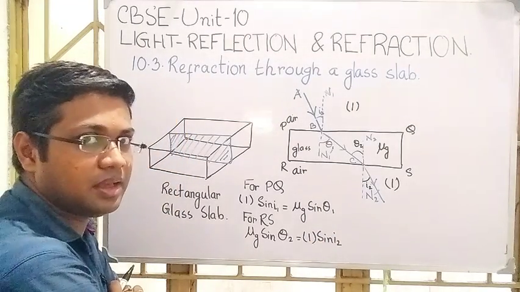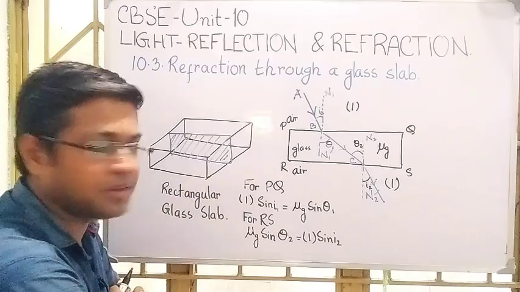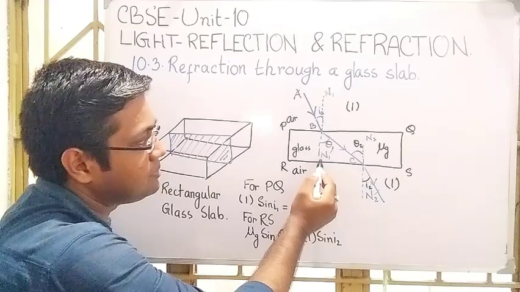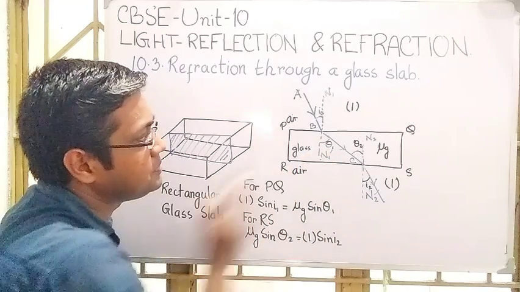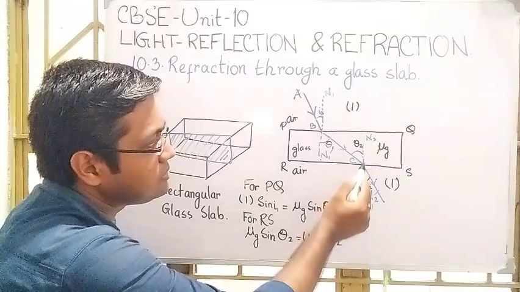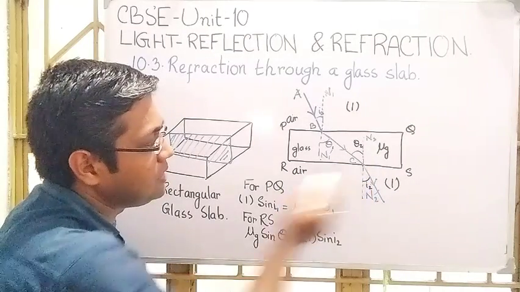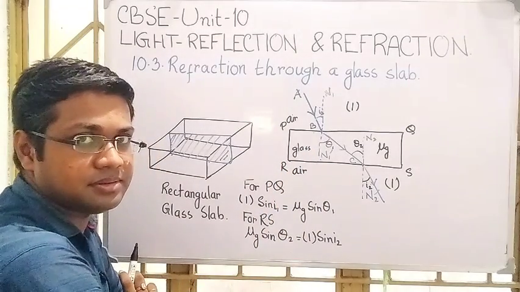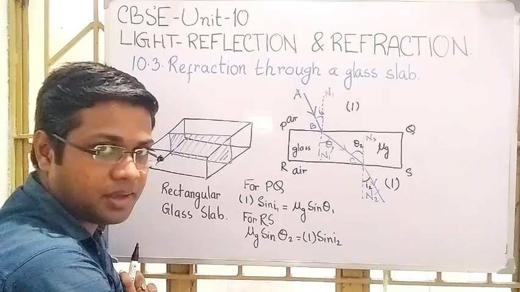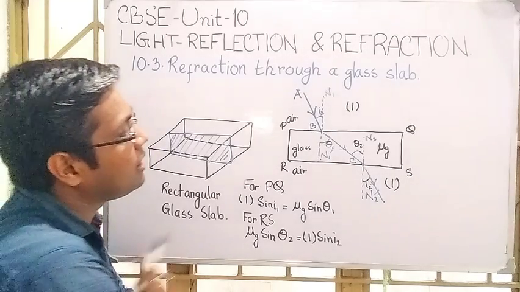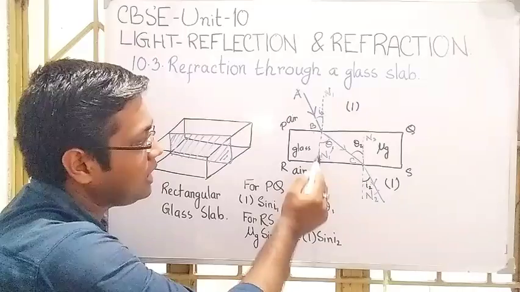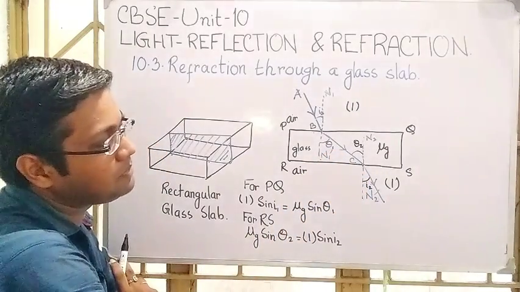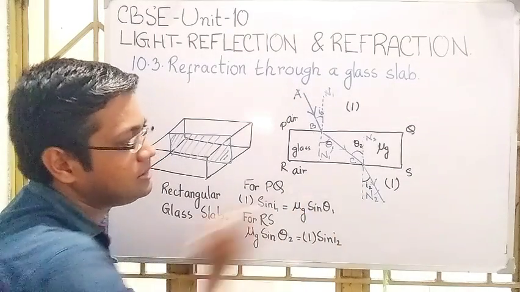Now just think about the geometry of the figure. N1 B N1 prime is normal to PQ. N2 C N2 prime is normal to RS. PQ and RS are parallel. If PQ and RS are parallel, then N1 B N1 prime and N2 C N2 prime are also parallel.